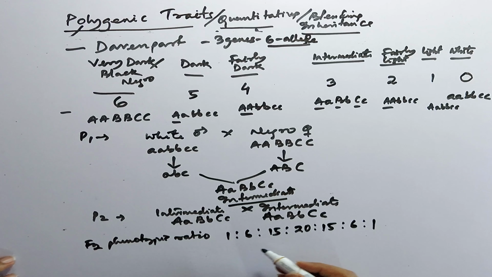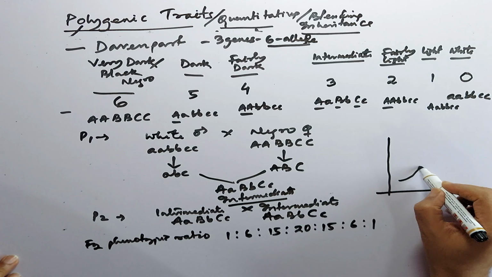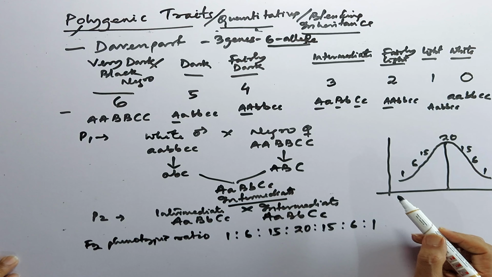So this will also show you the blending inheritance, that is like this. This is 1, this is 6, this is 15, and this is 20, this is 15, 6, and 1. So in this way human body color blends or diverges accordingly depending upon the percentage of dominant genes.